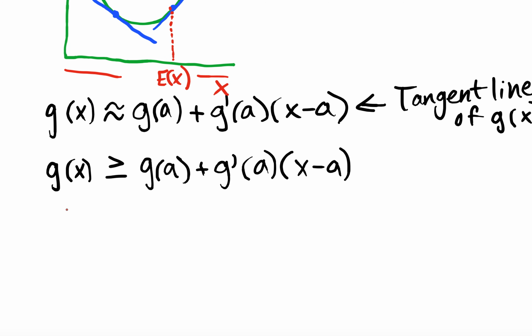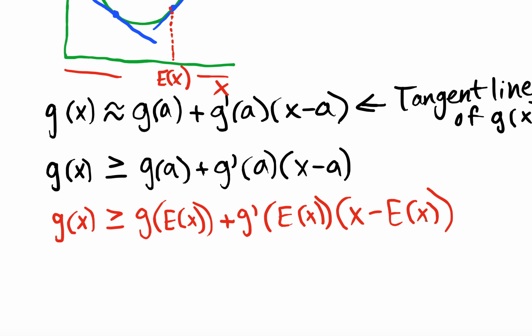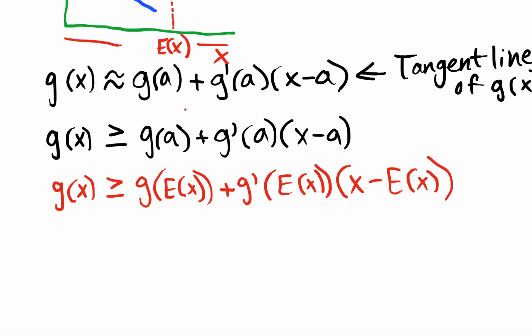Then this function above becomes g of x greater than or equal to g evaluated at the expected value of x, plus the derivative of g evaluated at the expected value of x times (x minus the expected value of x). Then we take the expected value of both sides: the expected value of g of x is greater than or equal.